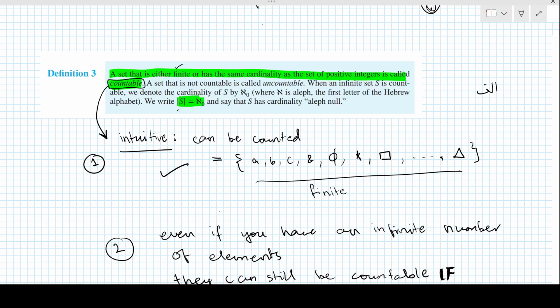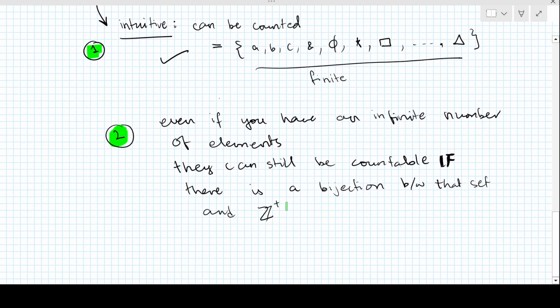So anything that has cardinality aleph null is a set that is countable, which means it is either a finite set or has the same cardinality as the set of positive integers, which means there's a bijection between that set and the set of positive integers, right? Good.